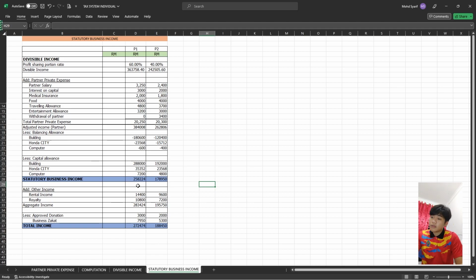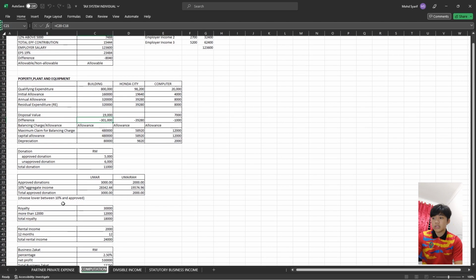We move on to the total income. We must add the other income and less approved donation or 10% of aggregate income, and business zakat. For the other income, rental income, we just portion it 60% and 40%, which is the total royalty and total rental income.